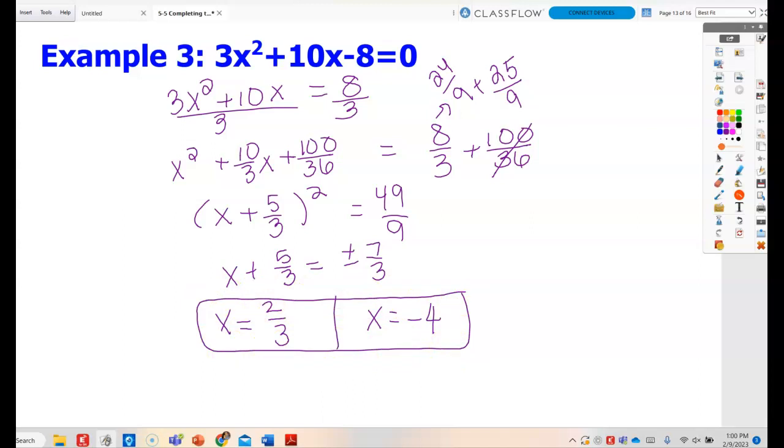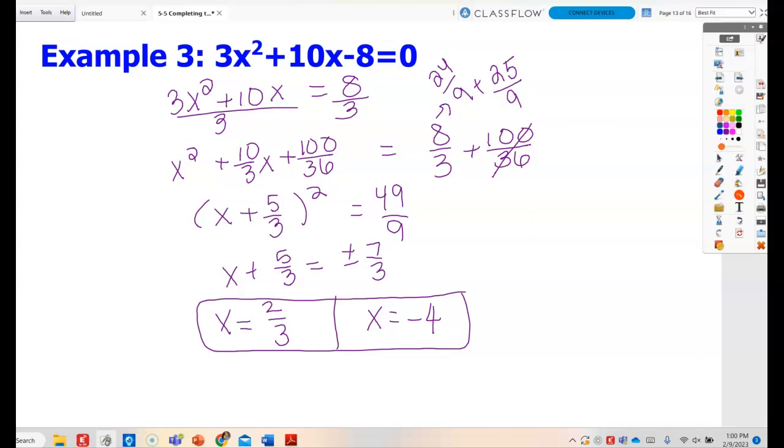Again, you can show more lines, you can do the math in your head, it's totally your call. Are we okay with that? Okay.